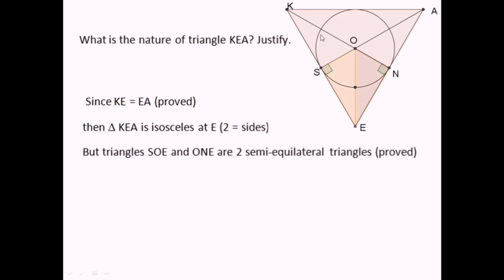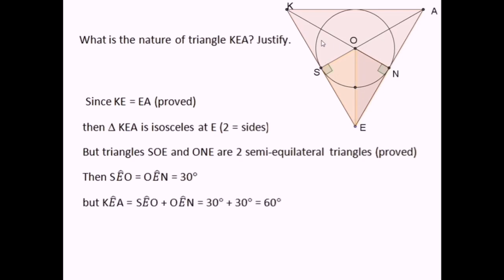But we already proved that SOE and ONE are two semi-equilateral triangles. Then SEO is equal to 30 and OEN is equal to 30. So KEA is equal to SEO plus OEN, adding up, getting a 60. Then the triangle KEA is an equilateral triangle, being isosceles plus having one angle which is 60 degrees.